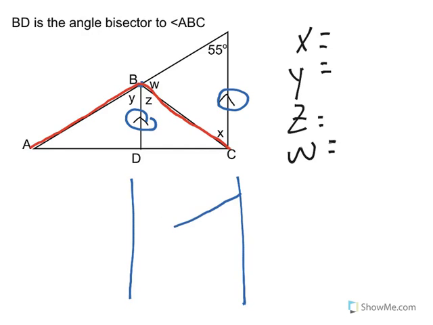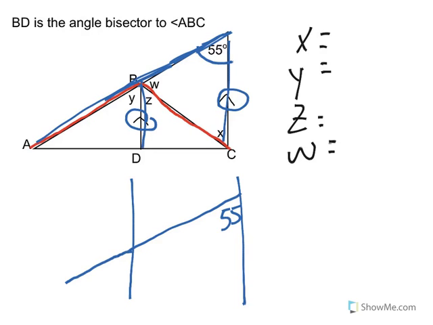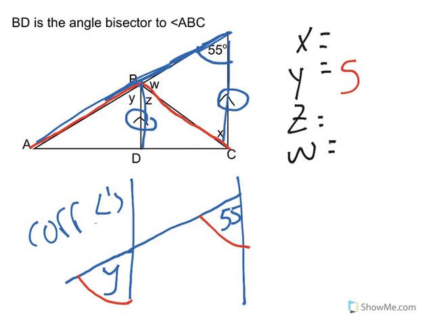And within those parallel lines, this angle right here is 55 degrees, which would be here. And I'm drawing this transversal with those parallel lines. So from 55 to where angle Y is, those are corresponding angles. And we know that corresponding angles are congruent. So that means that angle Y is 55 degrees.